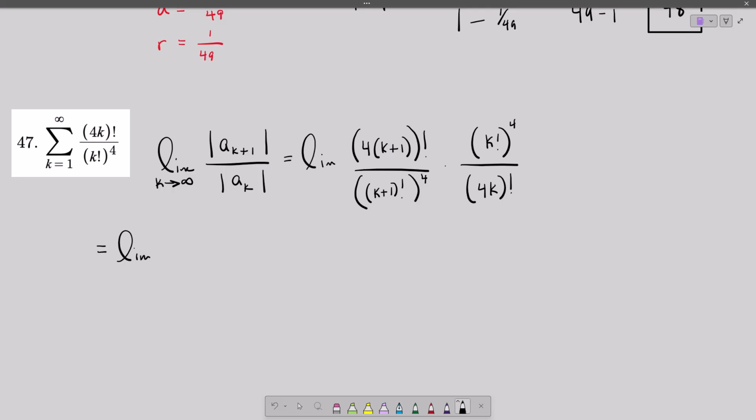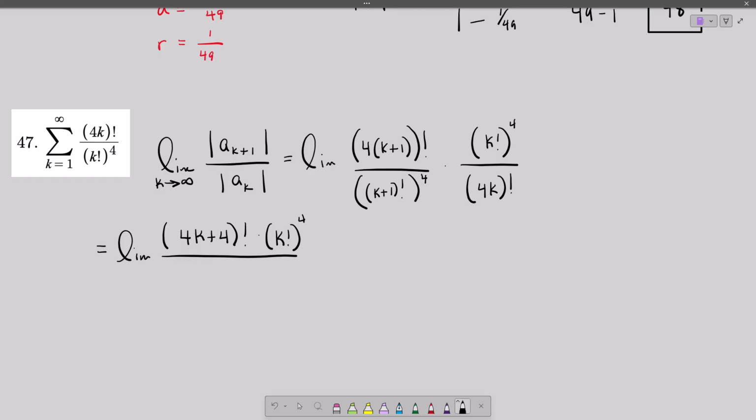So let's go ahead and do some expansion here. Obviously we want cancellation. So in the numerator, that's going to be 4k plus 4 quantity factorial multiplied by k factorial raised to the 4th power. Down below, we've got the 4k quantity factorial. That's not going to change.